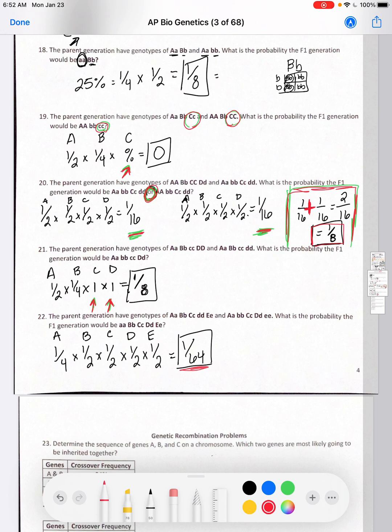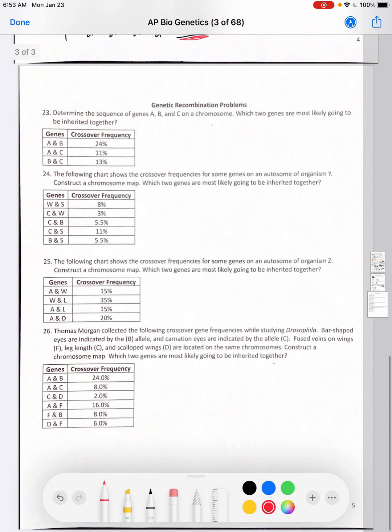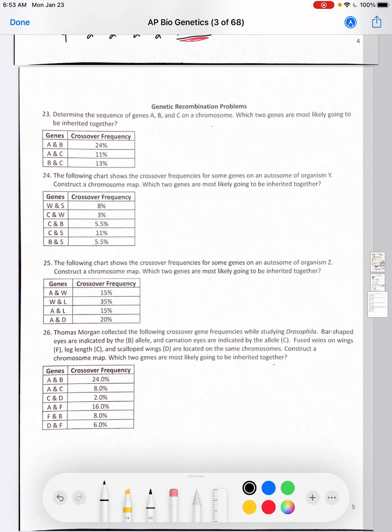So again, most of those are pretty straightforward. You're just remembering to multiply when you're trying to figure out the entire set. But if it tells you the probability of getting this or this, then you need to add those two probabilities together. Okay, so then let's get down to the lovely stuff of genetic recombination problems.